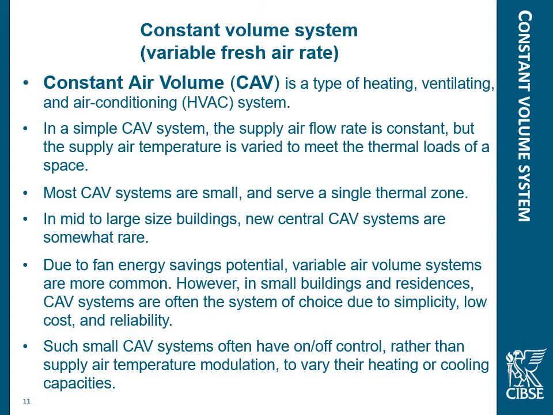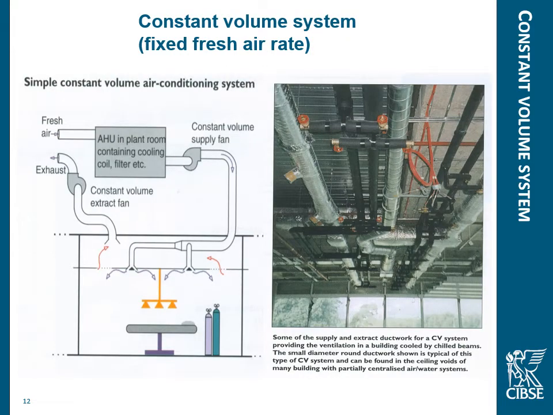The airflow is constant, but the supply temperature is varied to meet the thermal loads of a space. This suits areas where we have a specific need, where it might be a kitchen, an operating theatre, a laboratory, somewhere where we don't want to mix the air with other areas. So if we've got an area with a specific need, we can use a constant volume system that just suits that particular area.